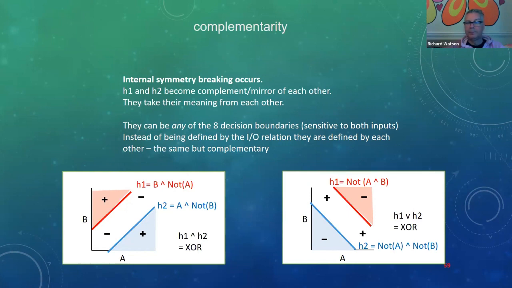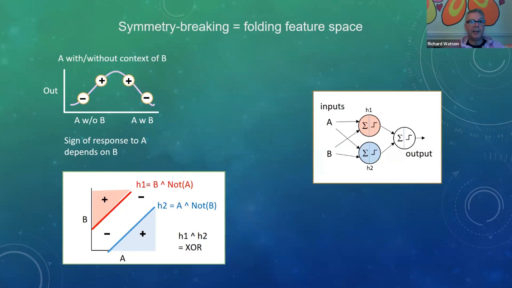Okay. Now, that symmetry breaking is folding the relationship between the inputs and the outputs, so that when B is low, the response from A is upward sloping, and when B is high, the response from A is downward sloping. So now the response is not monotonic. It has a fold in it.